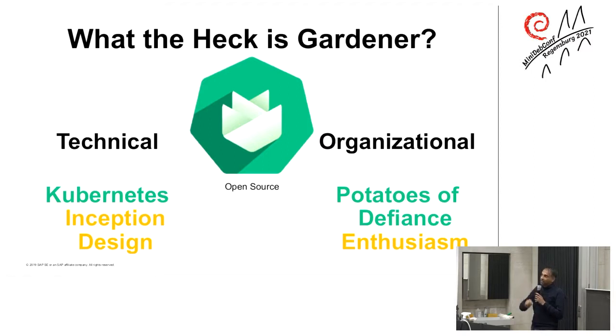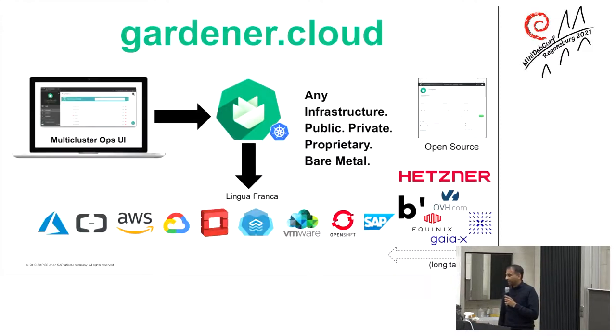There's actually another hidden story here organizationally, because Gardener within a large enterprise like SAP is an underground project. It's a grassroots project. I like this potatoes of defiance because that's exactly how it got initiated. And today the team thrives on its enthusiasm for open source, and there's no attachment to any commercial thing.